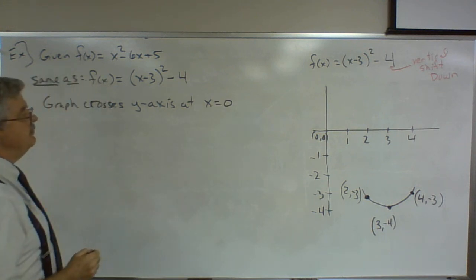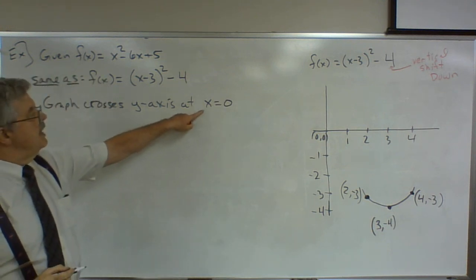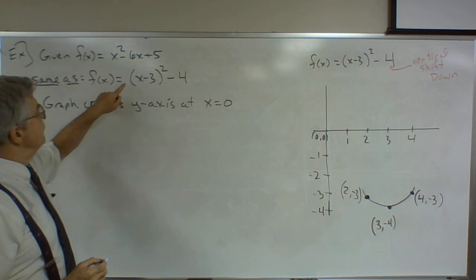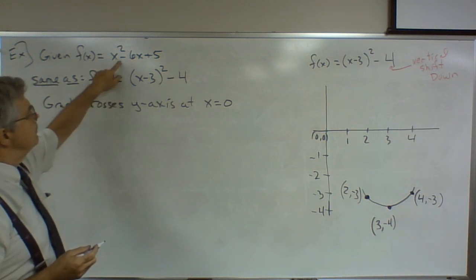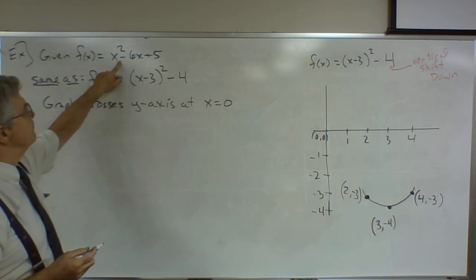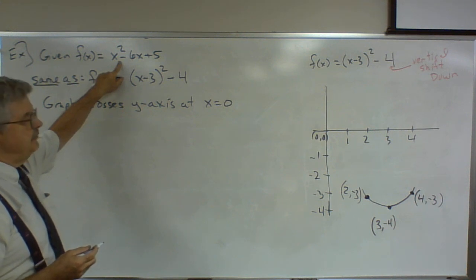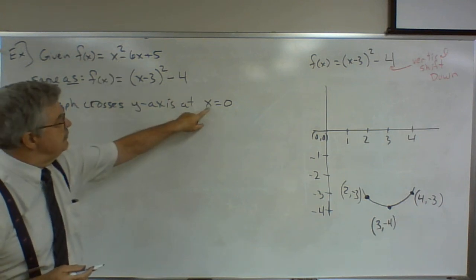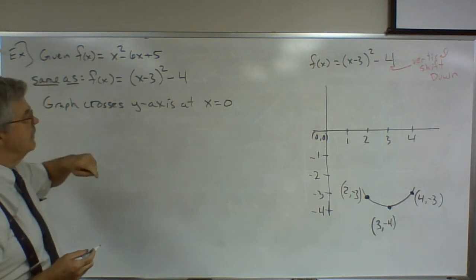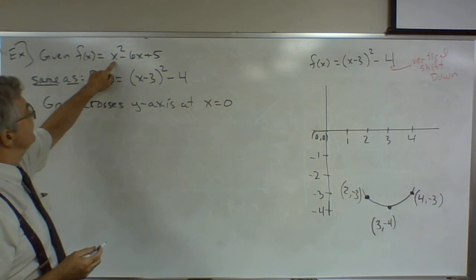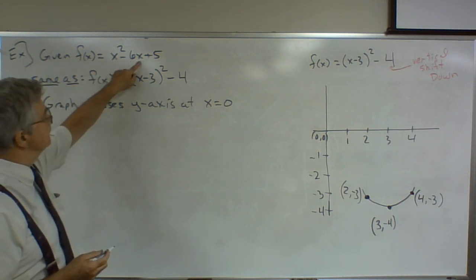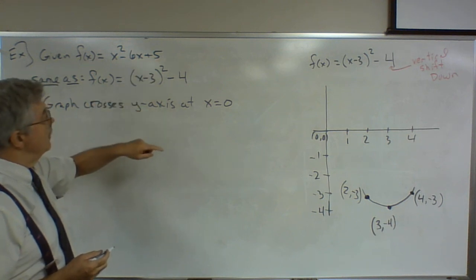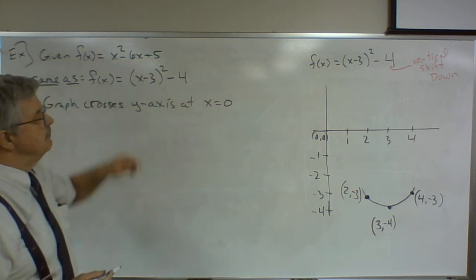When x equals 0, the graph crosses the y-axis. I can use either this equation or this equation to find that. And what this says is, when x is 0, y is 0 squared minus 0 plus 5. When x is 0, y is 5.